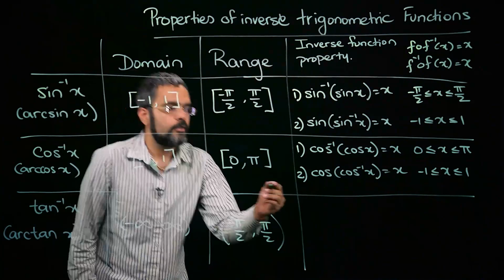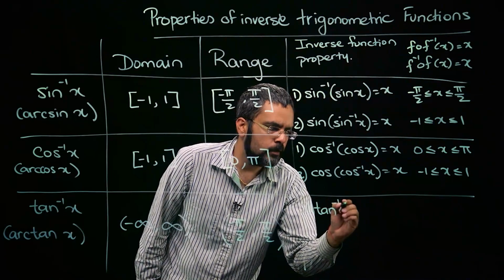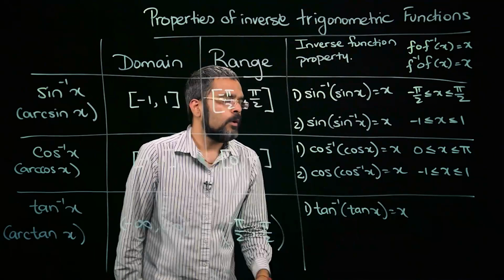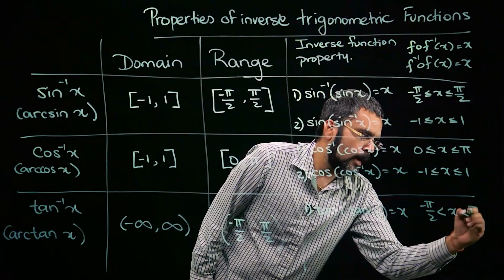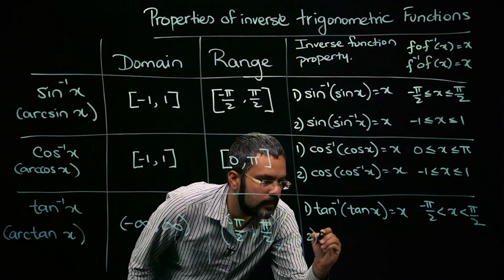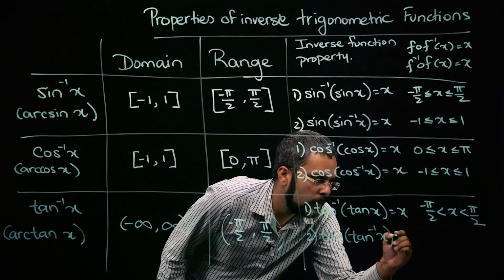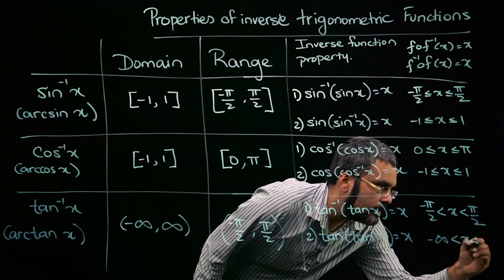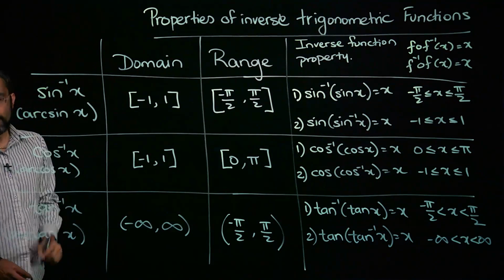Our two properties are tan inverse of tan x equals x, where -π/2 is less than x less than π/2, and tan of tan inverse of x is also equal to x, where -∞ is less than x less than infinity. So these are your basic properties of inverse functions.